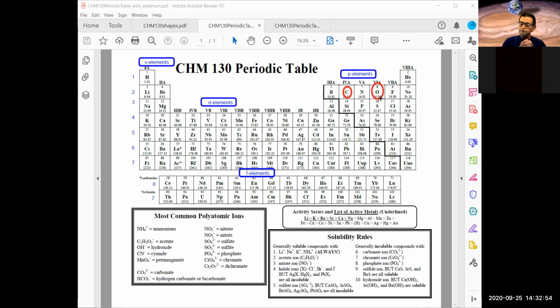You don't have to guess. What you do is find fluorine, you know where fluorine is. Now look at the position of the two elements in question and determine which one is closer to fluorine. Obviously here you can see that oxygen is much closer than carbon is. Therefore, oxygen is a lot more electronegative than carbon, okay? That means if we were to have a bond between carbon and oxygen, oxygen will have a tendency to pull the electrons in that bond onto itself much stronger than carbon would.